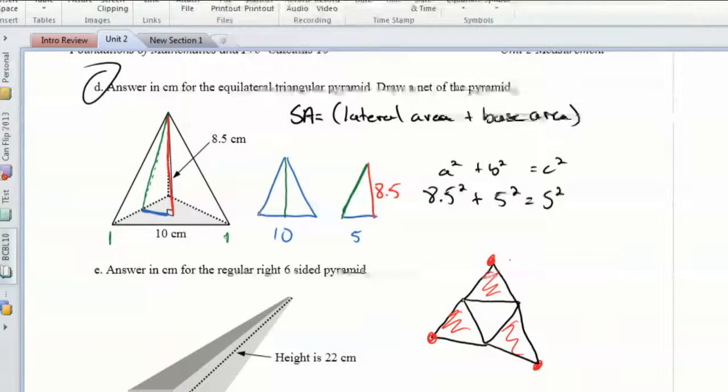Now, I haven't done these ahead of time, so I'm going to have to plug away just like you. 8.5 squared gives me 72.25, and 5 squared is 25, so I'm going to add 25 to that. I get 97.25 is S squared, and then in order to get just the slant, I'm going to take the square root of that.